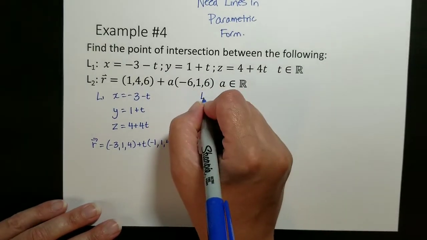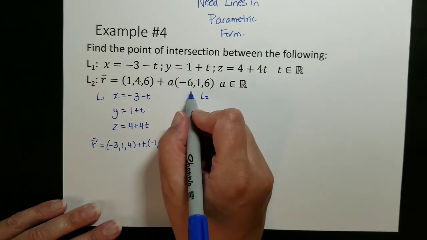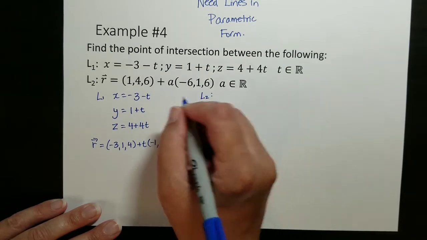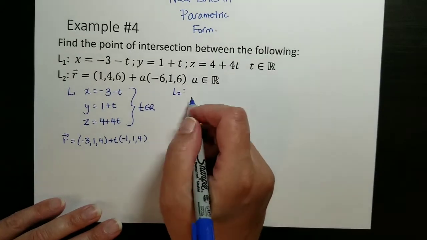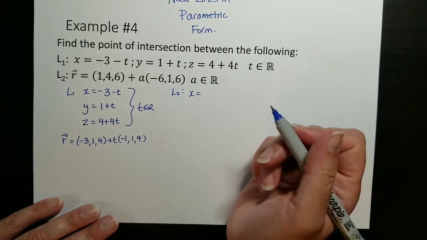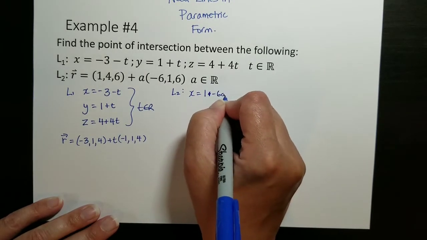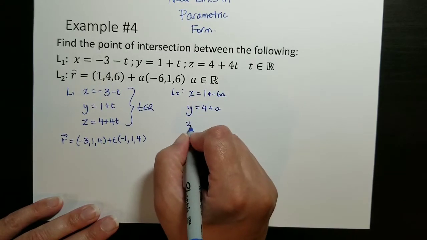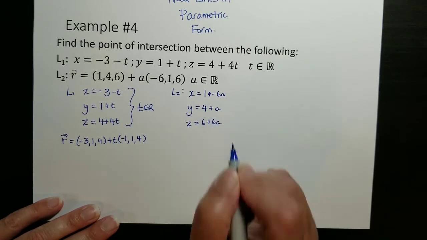And L2, it's given to us in the vector form, but I want to rewrite this, forgot my t is a real number, in terms of the parametric with x equals, y equals, z equals. So x is going to be 1 minus 6a, y is 4 plus a, and z is 6 plus 6a.